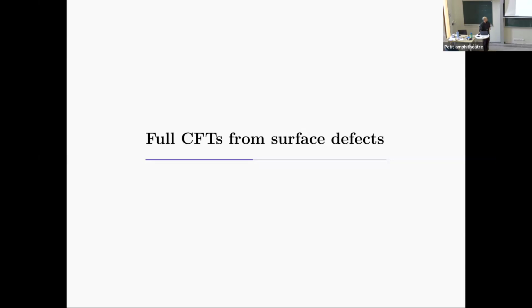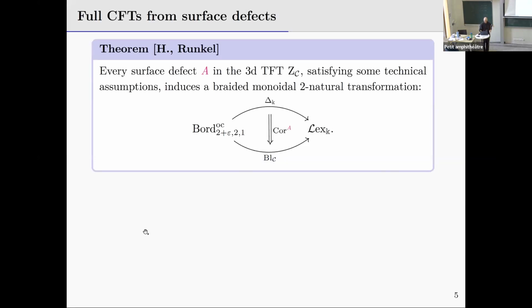So now let me give you a brief overview of how you can get full CFTs from surface defects in this formulation, and at the same time give you a categorical definition of what a full CFT would mean in this formulation.